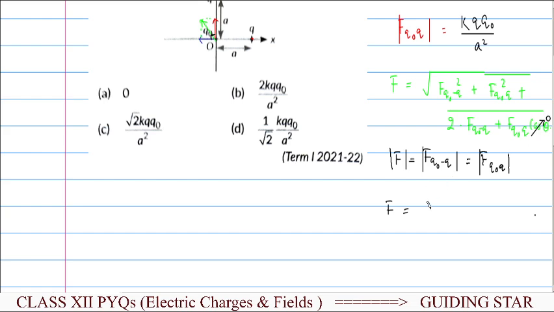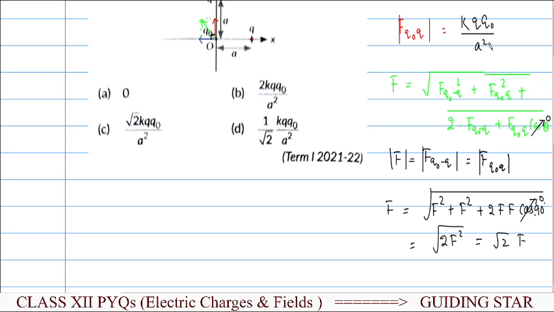So finally it will be F square plus F square plus 2 F square cos 90, which becomes 0, so it will be 2 F square. The root of 2 F square is nothing but root 2 times F.